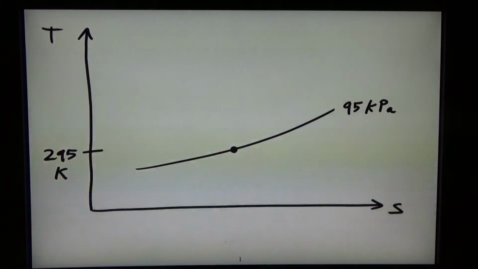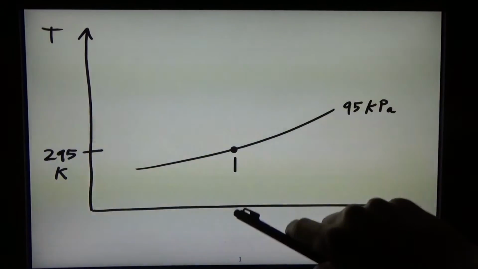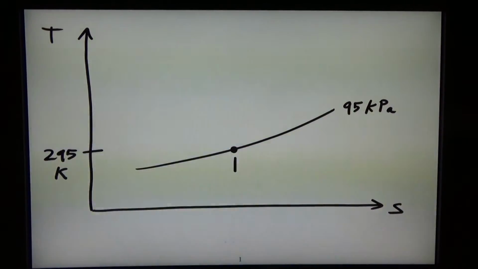In this process, we have an isentropic process. That means wherever state 1 is, state 2 is going to be directly above or below, because isentropic should be a vertical line on the TS diagram.